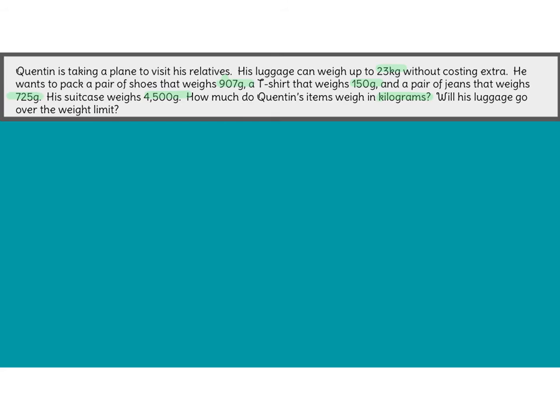So let's make a list here. We have 907, 150, 725, and 4,500. And remember, these are all listed in grams at the moment.